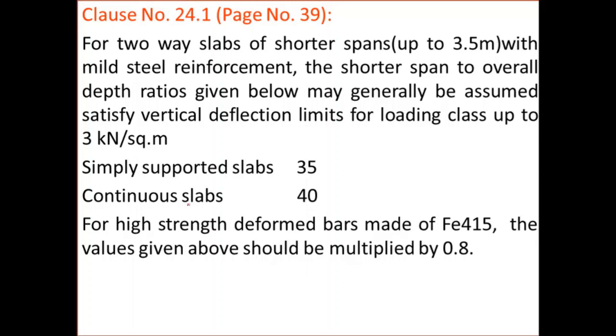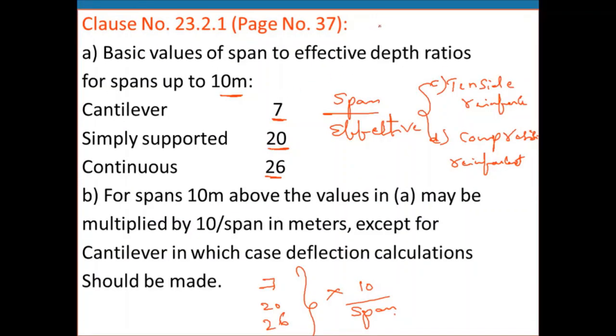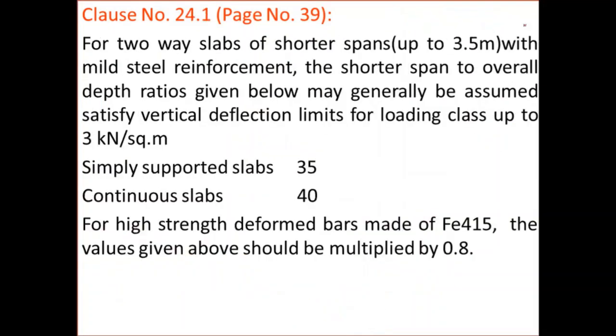And next one is related to the two-way slabs. Here, whatever the span to effective depth ratios I have given, they are applicable for both beams and one-way slabs also, because one-way slabs are also designed in the same manner as the beams.